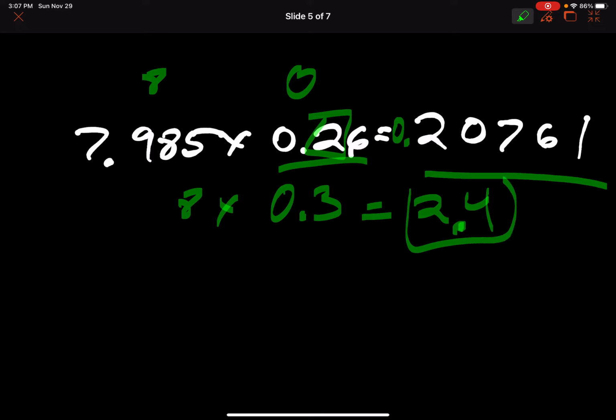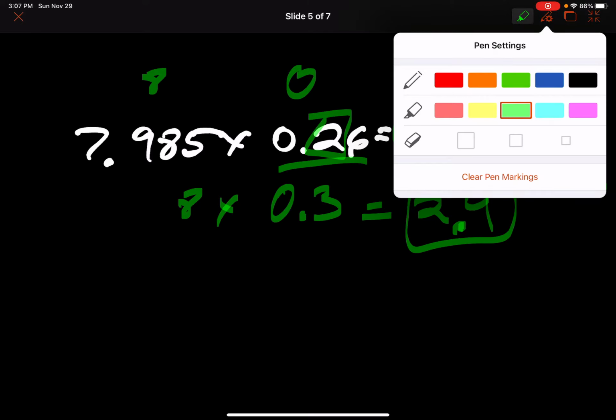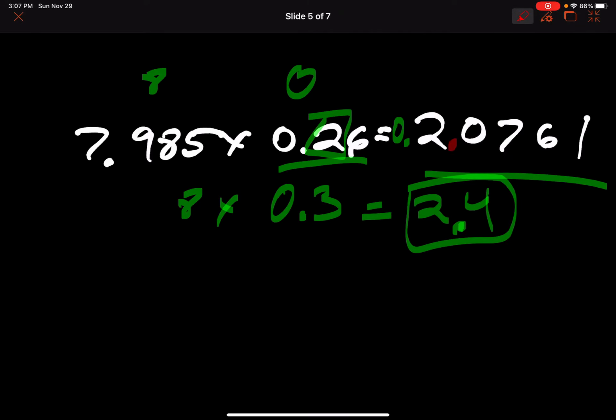So I know that when I'm estimating, my answer should actually have the decimal point in here after the 2 and not before. So just be aware of that. If there's a first leading 0, you're going to round to the first non-zero digit that comes from the left. And that will help you.